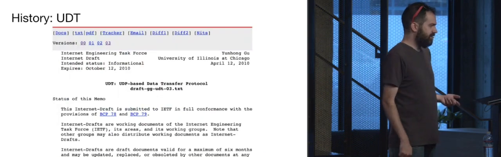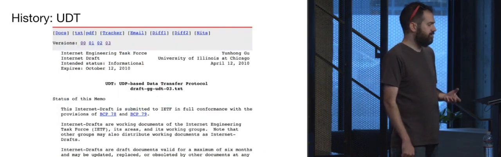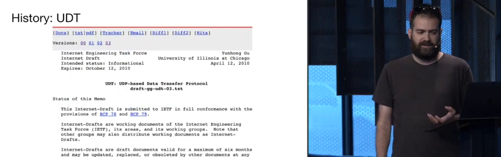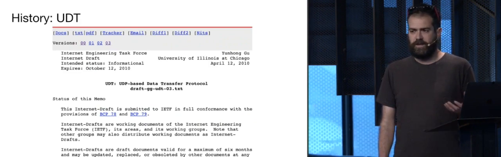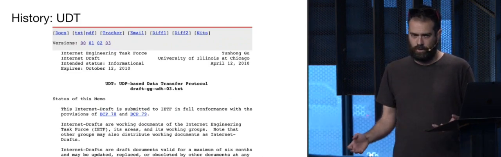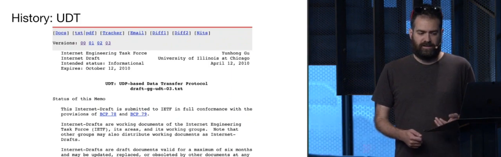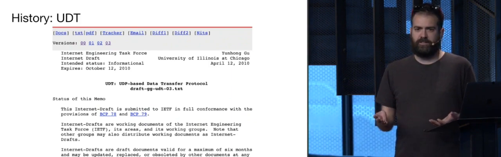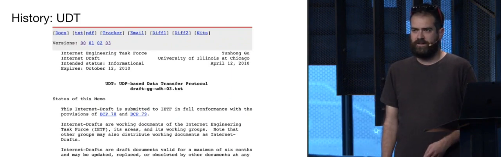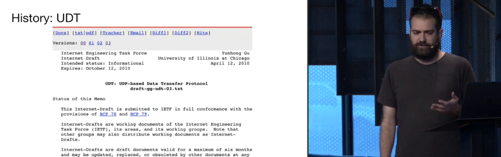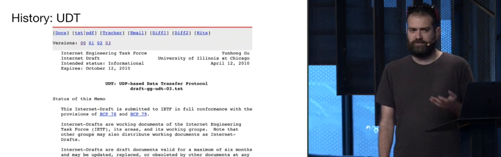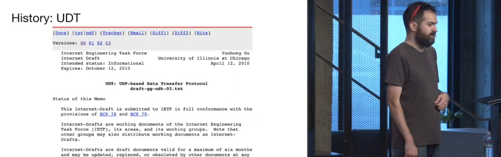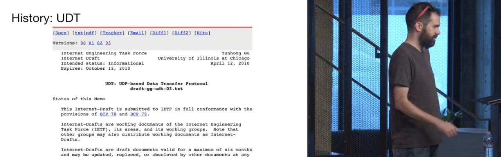And the UDT developers actually submitted several drafts to the IETF on the informational track describing how UDT works. There were 4 drafts in all. The final draft was released in 2010. After the final draft, the lead UDT developer continued to work on the protocol for about 3 years. The final release was in 2013. So UDT is actually just as dead as RTMP.